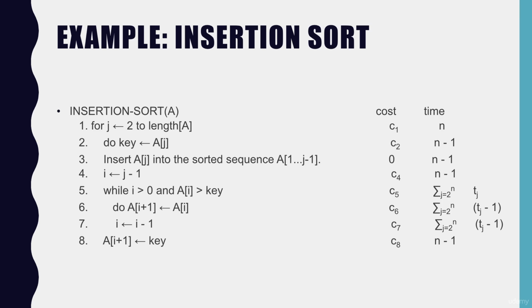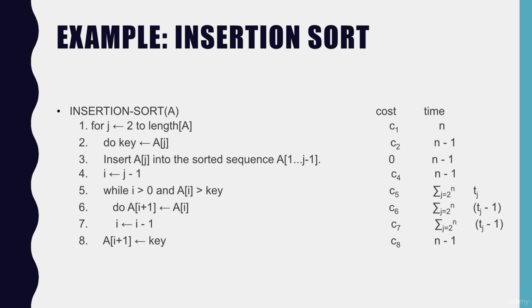One line may take a different amount of time than another line, but we shall assume that each execution of the ith line takes time ci, where ci is a constant. Our expression for the running time of insertion sort will evolve from a messy formula that uses all the statement costs ci shown here to a much simpler notation, which is more concise and more easily manipulated.